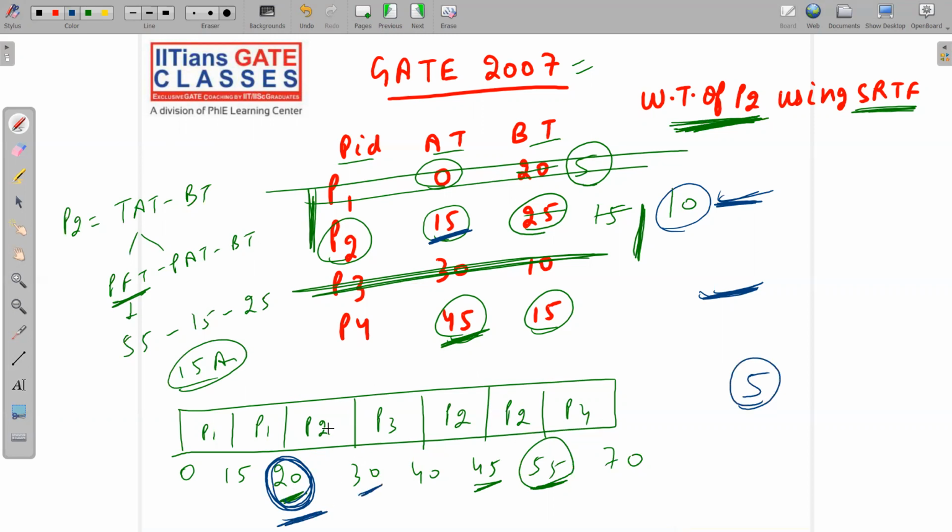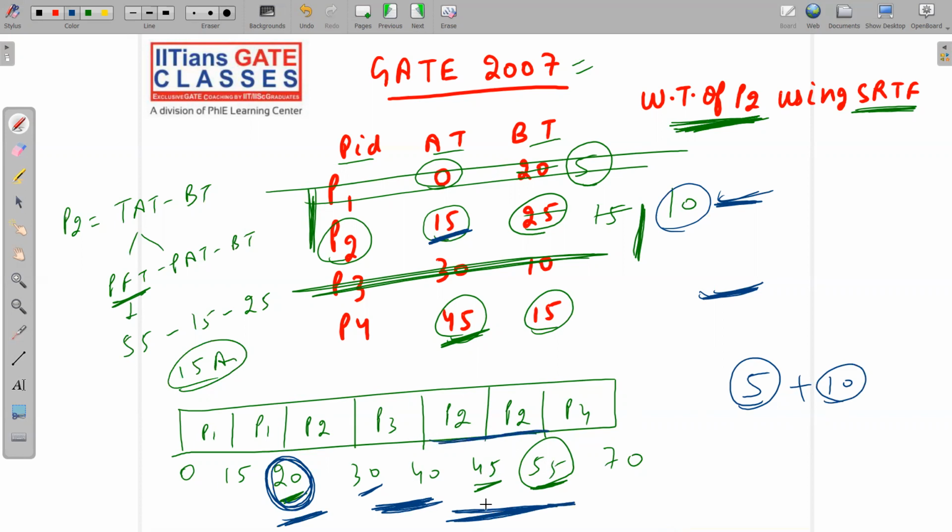Now till 30 P2 has been executed. Now 30 to 40 P3 was executed, so P2 has waited again. P2 has waited again for how much time? 10 units of time, 40 minus 30, that is 10. After that P2 has been executed continuously, 40 to 45, 45 to 55.